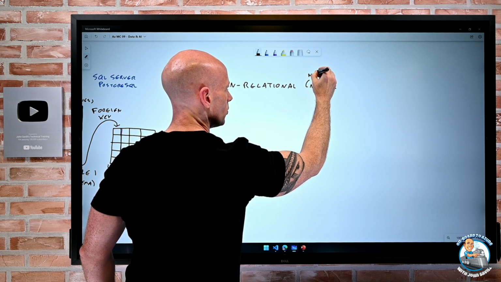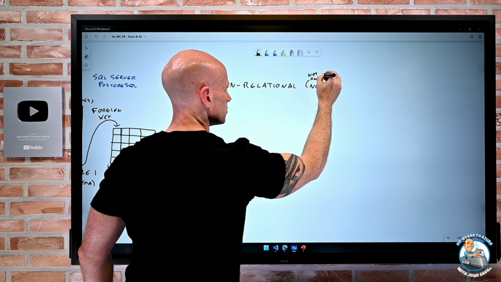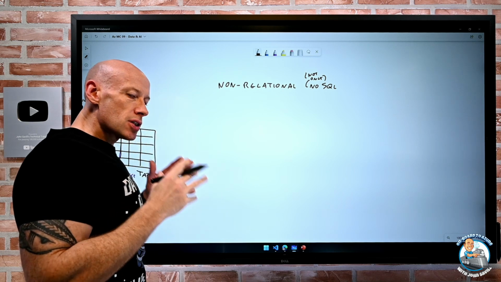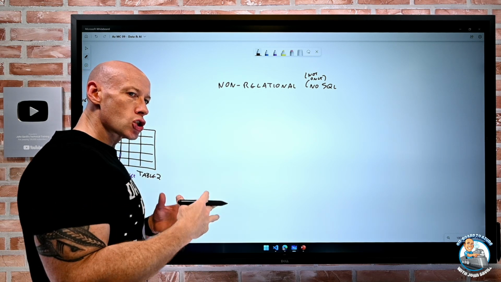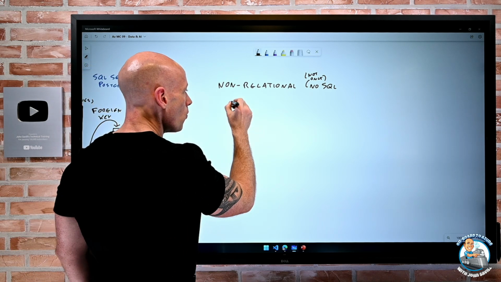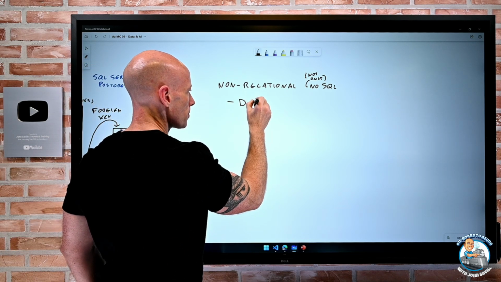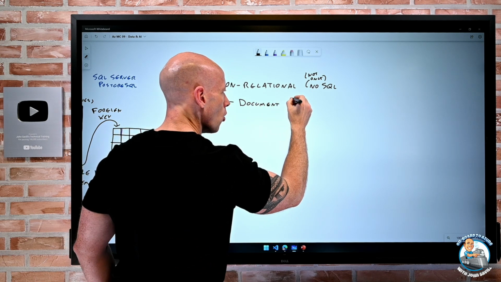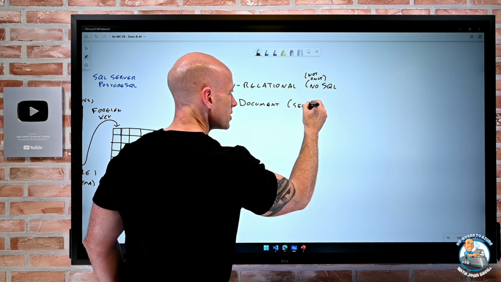So not only. And there are different types. It's not forced to that strict schema-based table structure. So one of the very common ones is documents. And there are many different options for this. And the whole point is they are self-describing.